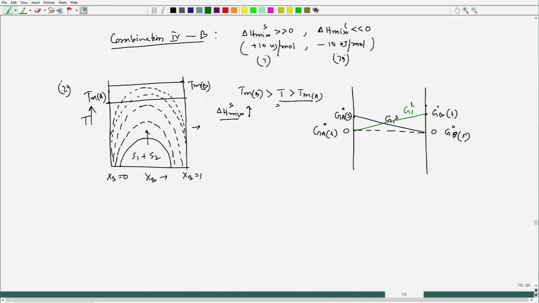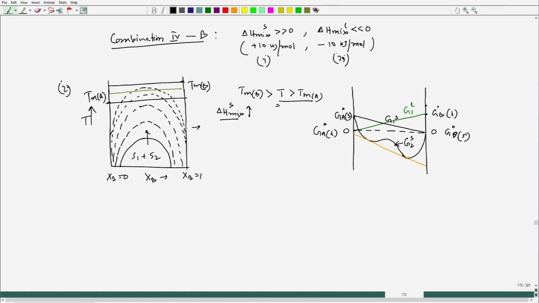Now, at a temperature, let us say we are considering this, or let us say this. If I try to draw only the solid solution free energy, it would have a pattern like this. Okay. So, like this and then this is the common tangent. Okay. And here this one is G2 of solid.